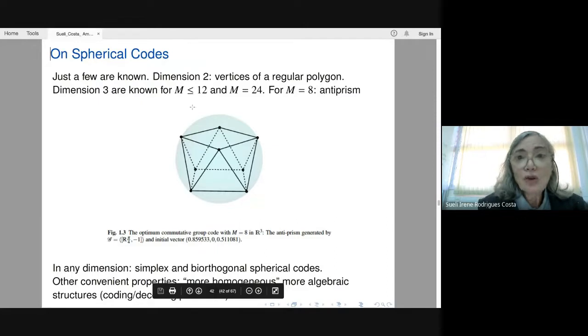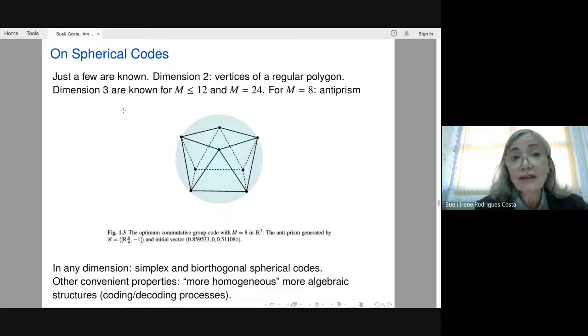In dimension 2, this problem is easy, they are just the vertices of a regular polygon. But even dimension 3 is interesting, since it is not always intuitive, right? Of course, if you have just 3 points, the solution will be an equilateral triangle on the equator of a sphere, right?